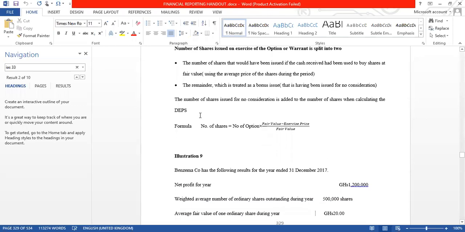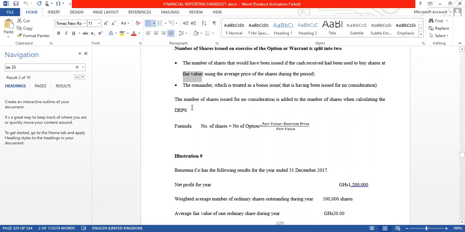this is what I'm talking about. There is a split of two: the number of shares that would have been received if cash had been used to buy it, not options. If cash has been used to buy it, we are talking about the fair value. The remainder of it is treated as a bonus. So it's split into two.